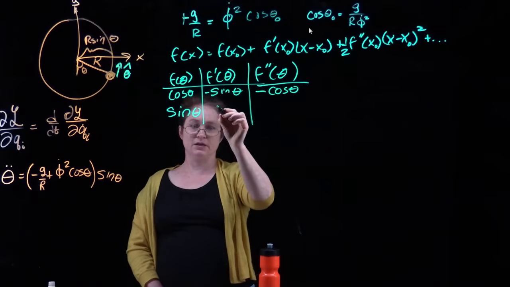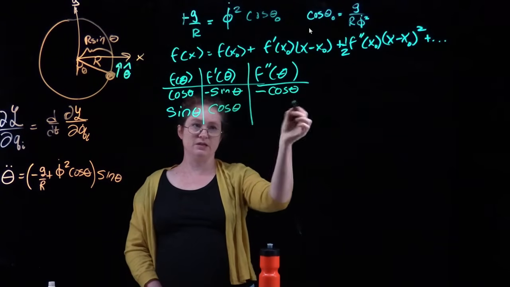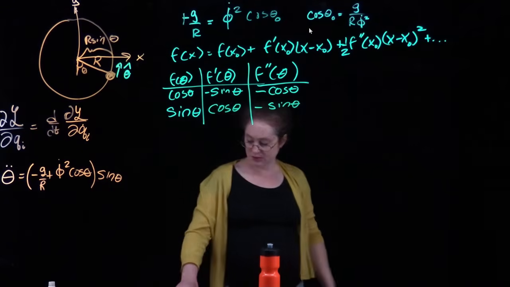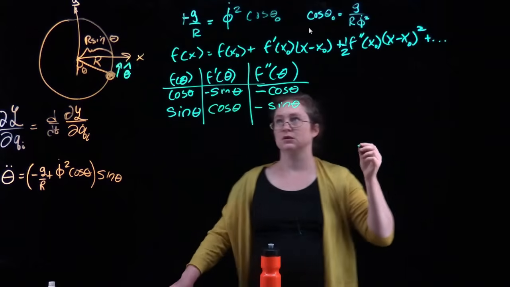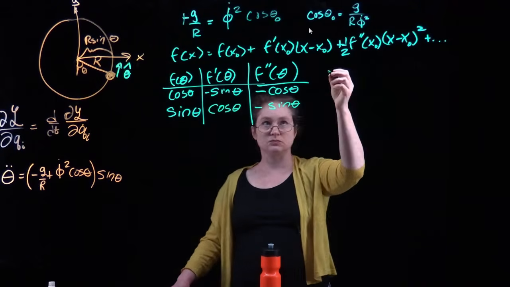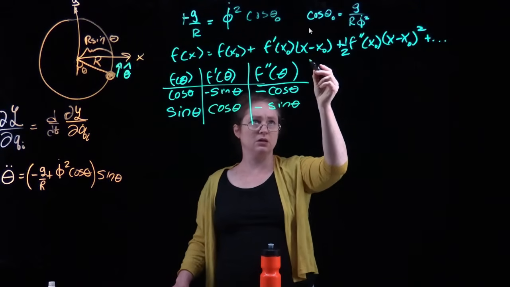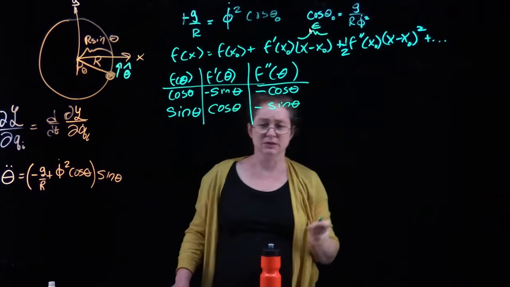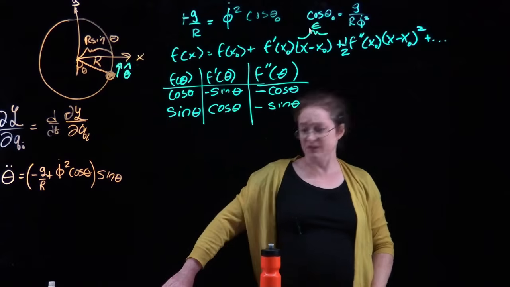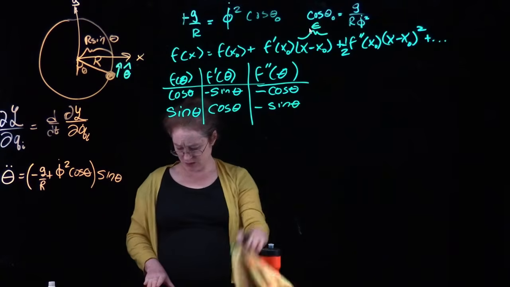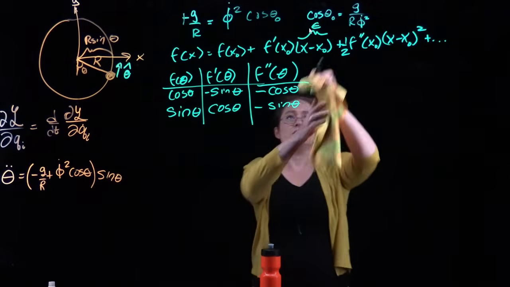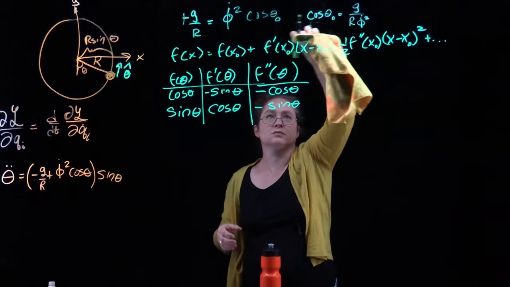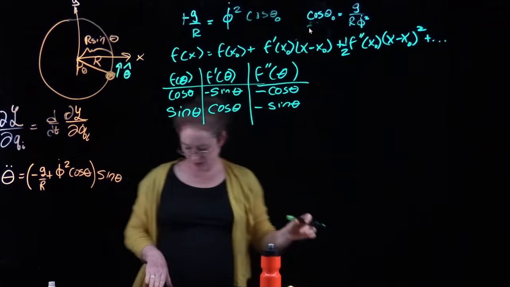And sine theta, first derivative is cosine theta, second derivative is negative sine theta. So we're going to call this term epsilon, so that we're not having to write it out.